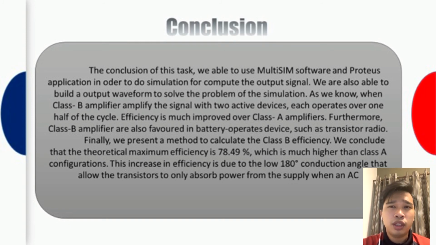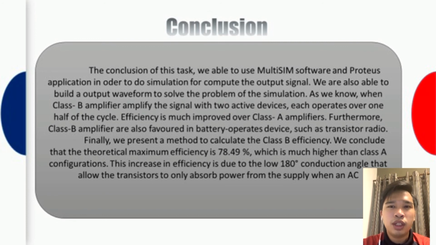A push-pull amplifier uses two complementary or matching transistors, one being an NPN type and the other a PNP type, with both power transistors receiving the same input signal that is equal in magnitude but in opposite phase to each other.